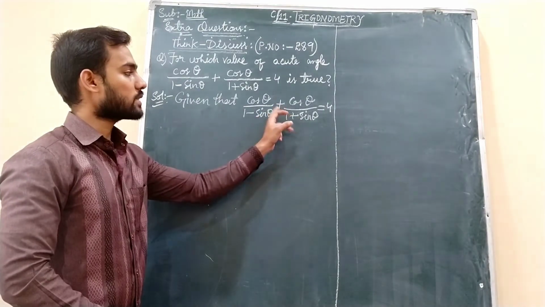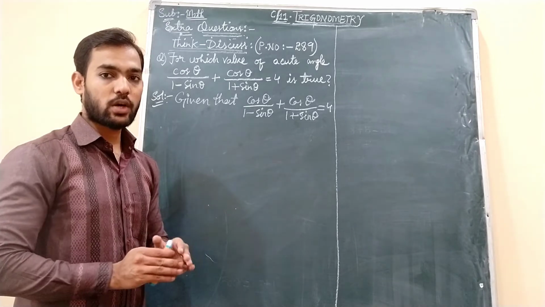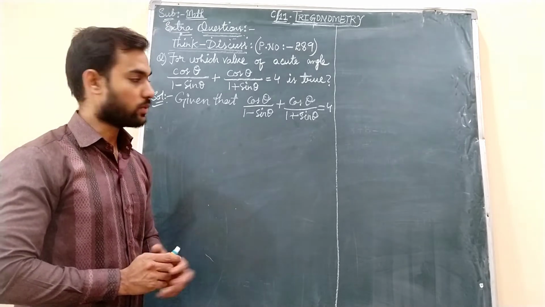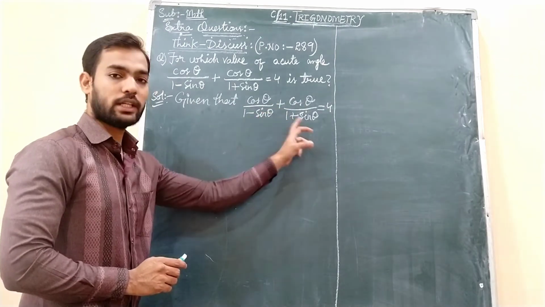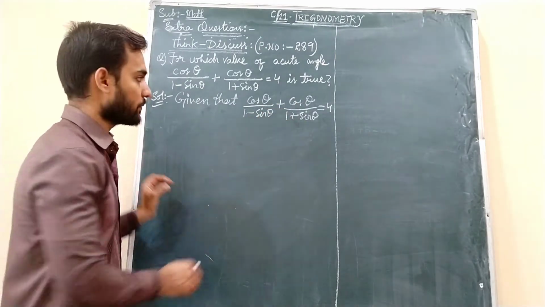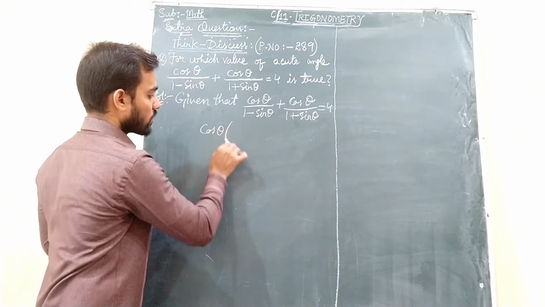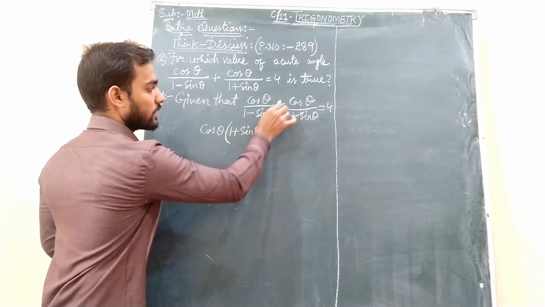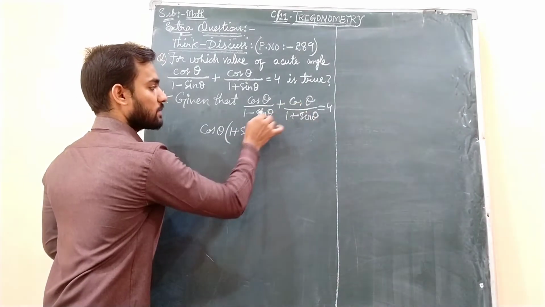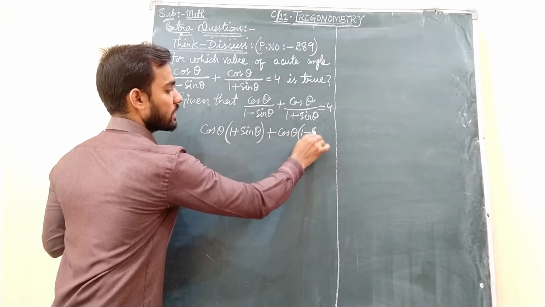When there are two fractions and a positive or negative sign between them, numerators cross and denominators direct multiplication you need to do. So this gets multiplied with this, and they both get multiplied to each other. So cos theta into 1 plus sin theta, then plus, then this gets multiplied with this one, cos theta into 1 minus sin theta.